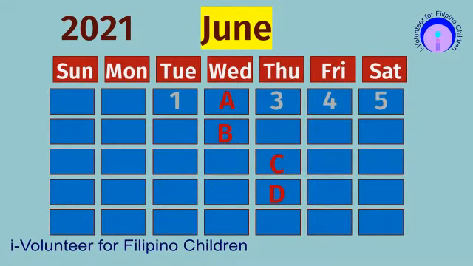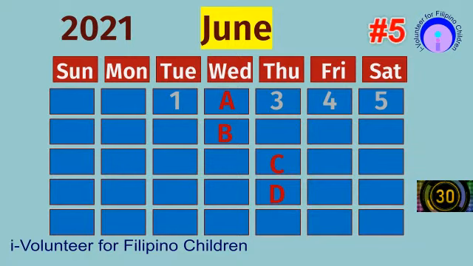Now we have the 6th month of the year, June. Can you find the specific date of the month indicated by A, B, C, and D?